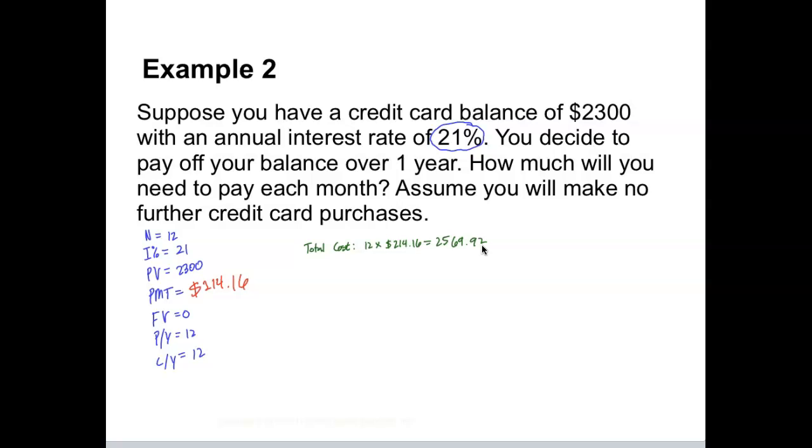So that means in interest, you're making that total minus what your original principal was, so $2,300. So if you pay it off in a year, you wind up paying $269.92 in interest.